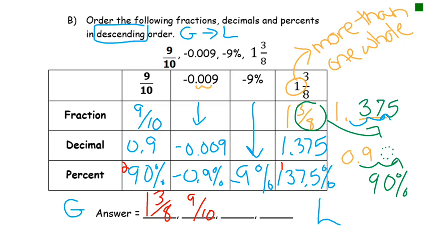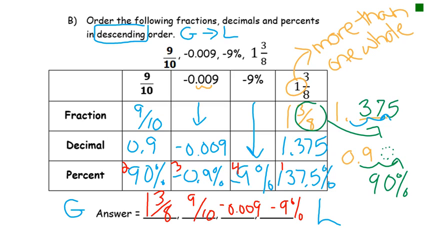So negative 0.9% is less negative than negative 9%, so that one would be listed first. Its original form was negative 0.009. And then my least value is the negative 9%, and that was in its original form.